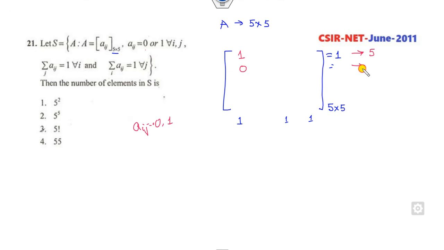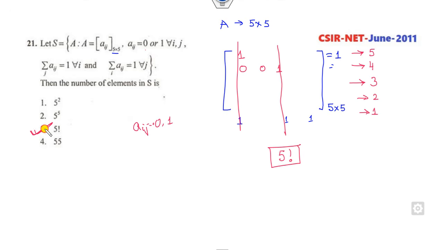So how many choices do you have? 4. Once you put this column as a 1, how many choices are left? 3, then 2, and for the last one there is no choice, it is 1. So the meaning of that is 5 factorial. So 5 factorial is the correct answer.